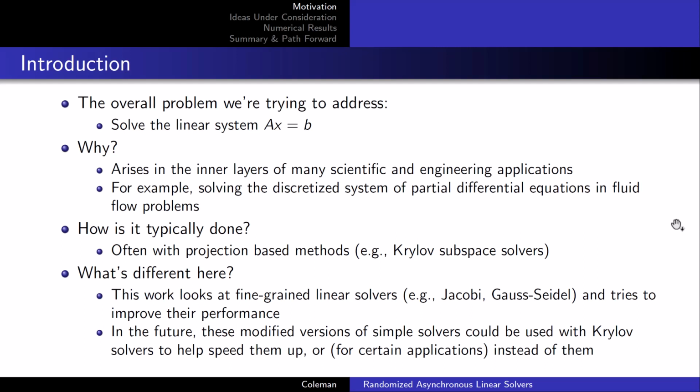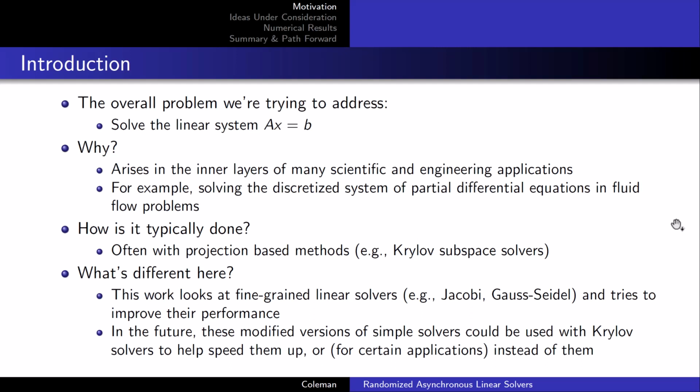What's different here? So this whole avenue of research is really looking at what I would describe as a fine-grained linear solver. So examples of those are Jacobi and Gauss-Seidel. The idea in fine-grained techniques is trying to get a higher utilization rate out of your parallel architectures.